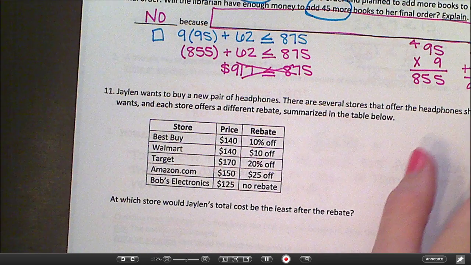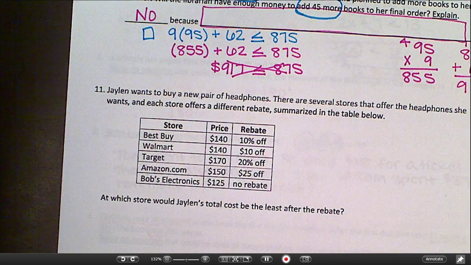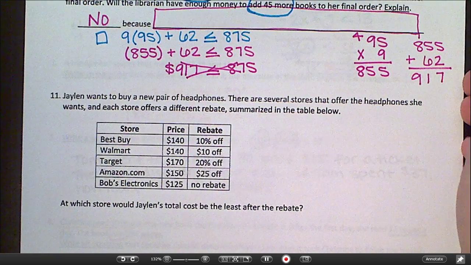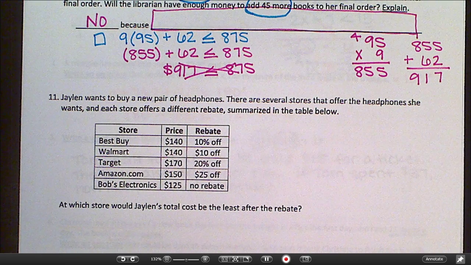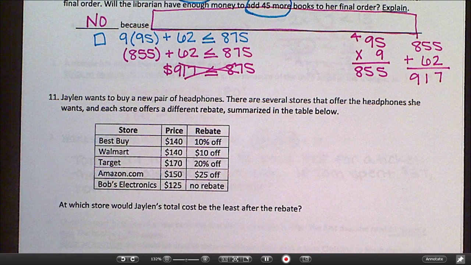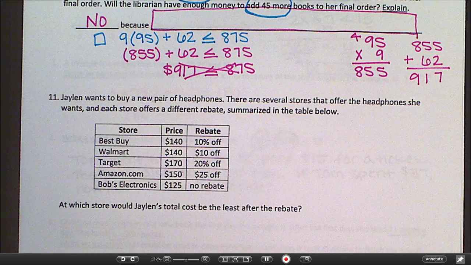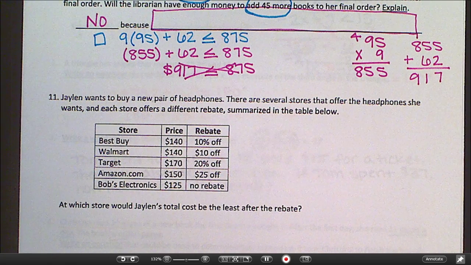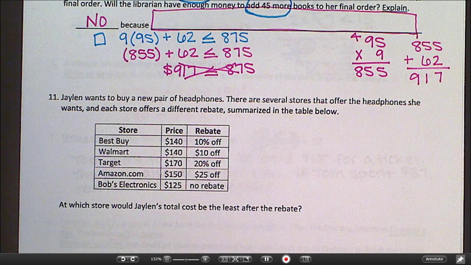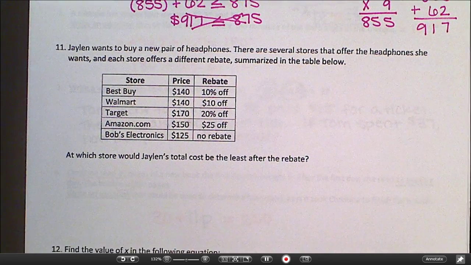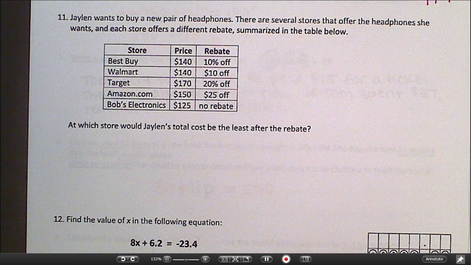Take about 30 seconds to finish that. Okay, I need you back in 5, 4, 3, 2, 1.